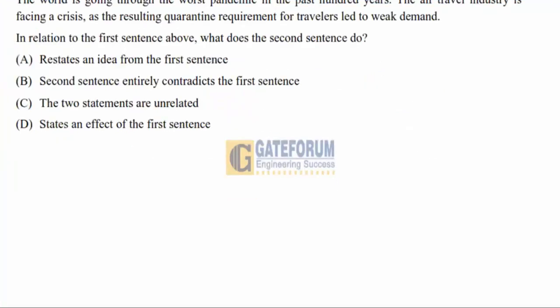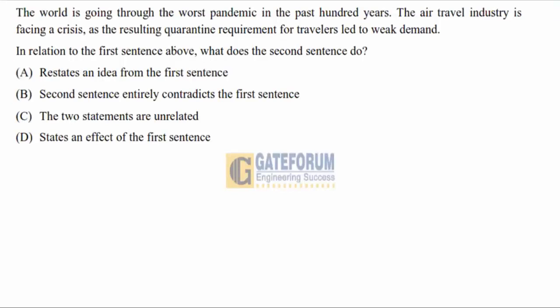The world is going through the worst pandemic in the past 100 years. The air travel industry is facing a crisis as the resulting quarantine requirement for travelers. Travelers will have a double L, okay? So there's a printing error.